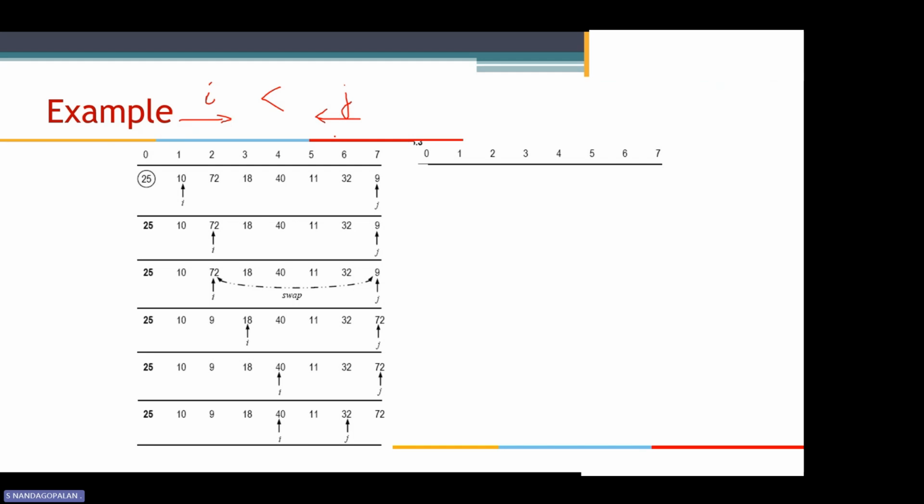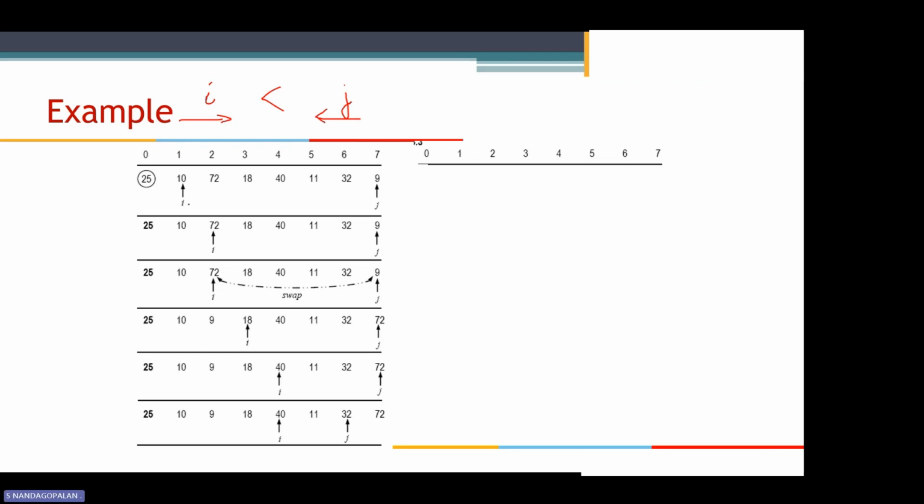If i is less than j, that means there is distance between them; they are not very close. When i and j become equal, that is, when the condition i less than j is false, it means they have met, or j would have overtaken i, meaning i is greater than j. In such situations, you stop.